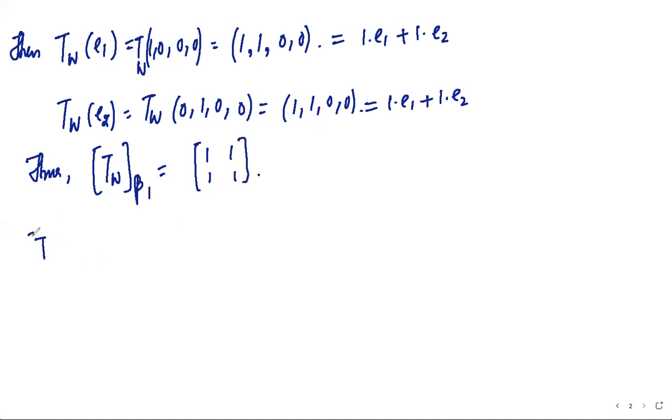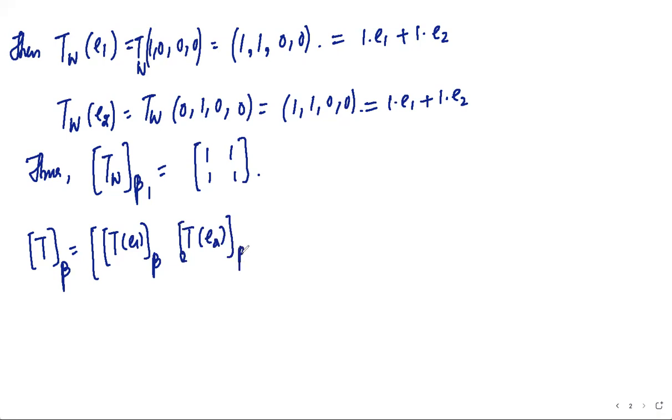Now the matrix of T related to the basis beta has as its first column the coordinate vector of T of E1 related to basis beta. The second column is the coordinate vector of T of E2, the third column is the coordinate vector of T of E3, and the fourth is the coordinate vector of T of E4 related to the basis beta.